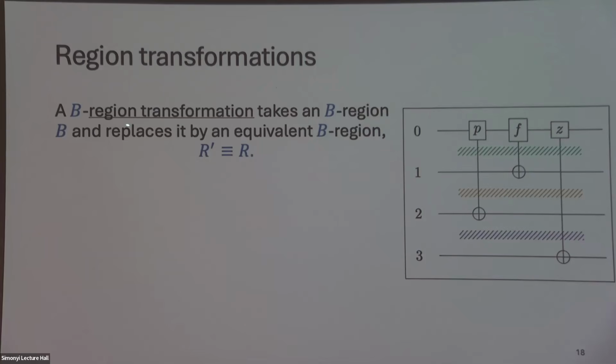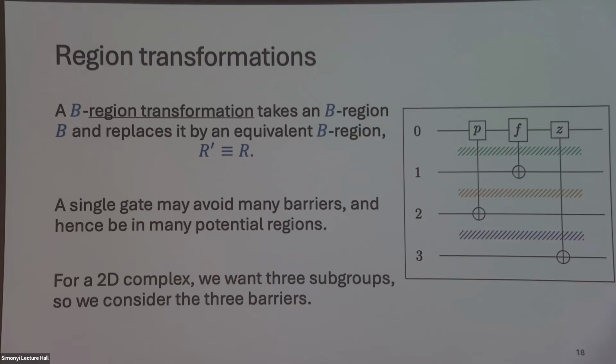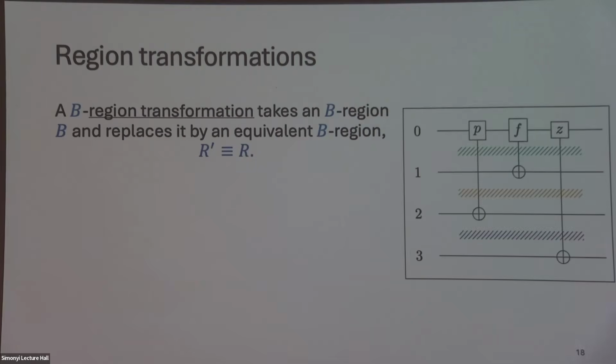So in particular, the model that we're interested in is the following. Say I have a region that avoids crossing a particular barrier. What I'm allowed to do is take this region and replace it by an equivalent region, which also doesn't cross that barrier. So for instance, here is a circuit.